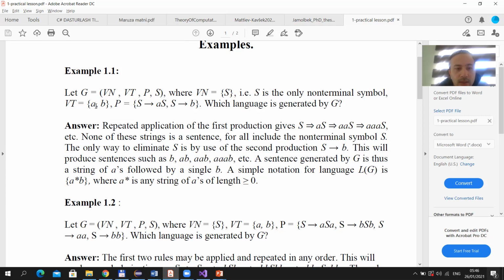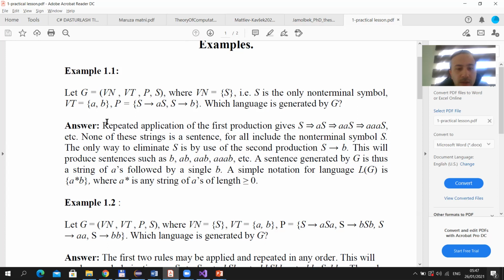VT consists of A and B. P is the set of rules: S goes to AS and S goes to B. So we have just two rules. Which language is generated by G? We have to find the language that can be generated by the given grammar.